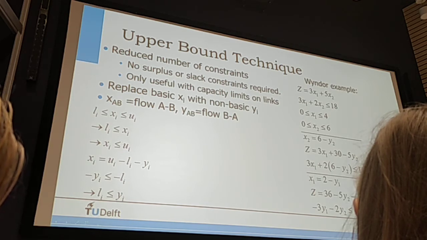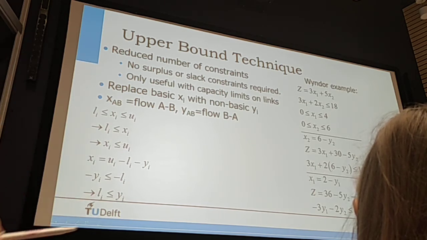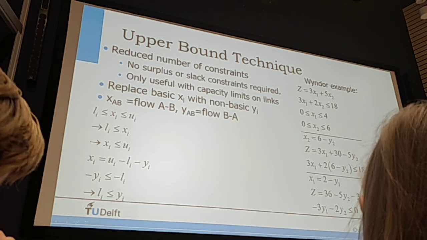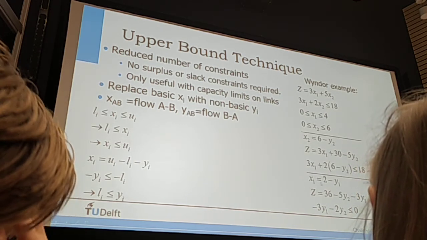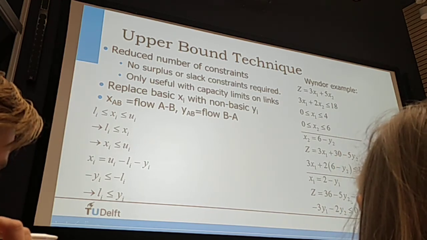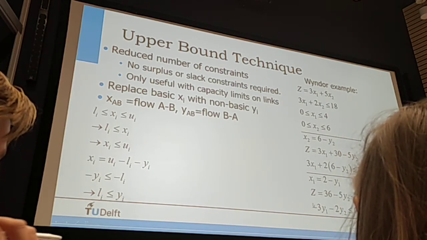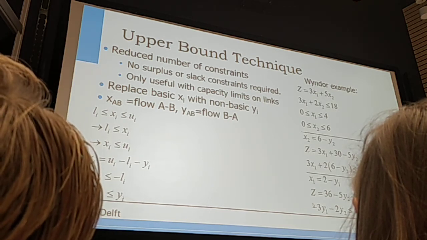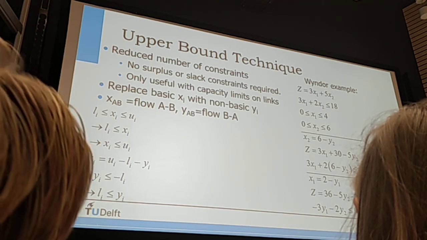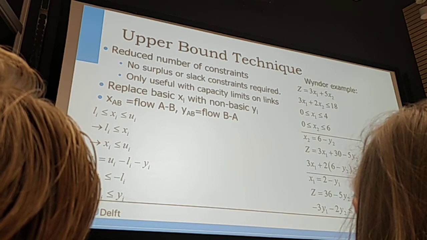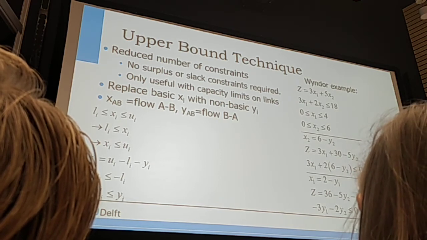If we then replace x1 with 2 minus y1, we get z is 36 minus 5y2 minus 3y1, and you can see here we get our optimum solution. So it's a different way of solving it. In this way, we don't need slack constraints, but by adding extra variables, which are our upper bound minus our variable, we can solve it slightly easier.